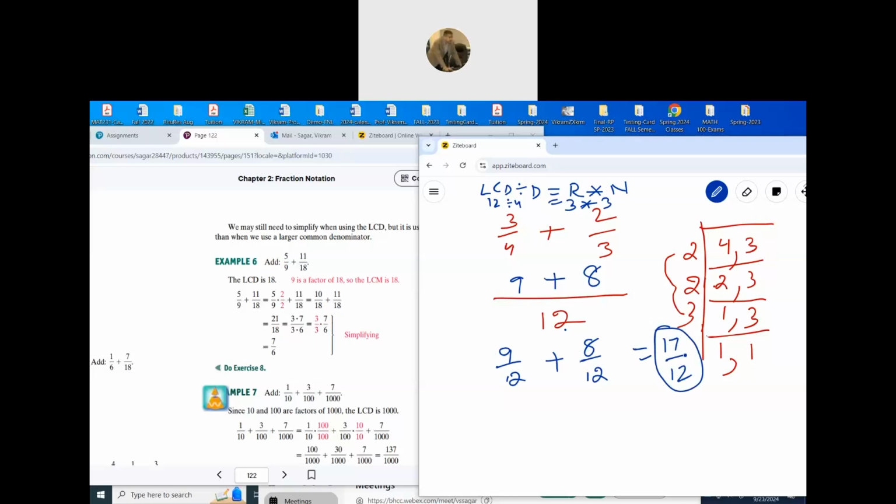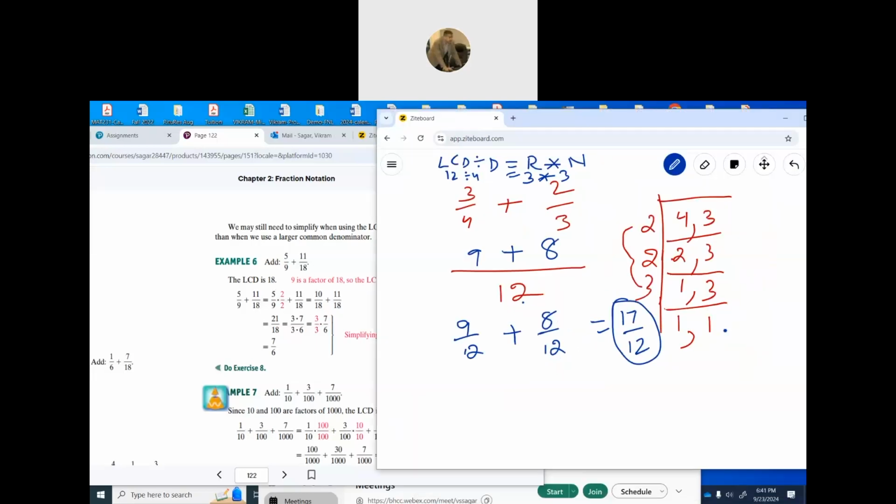Now, this is a fraction, right? But if they want a mixed number again, what are you going to do? You're going to divide this one, right? So 17 divided by 12. How many times? 1, right? My remainder is 5.